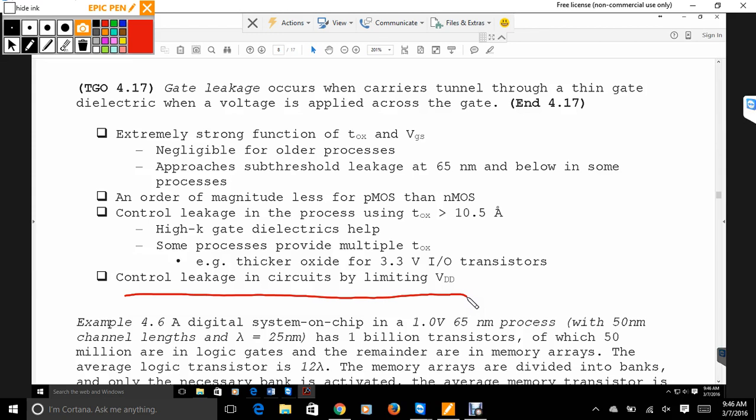If you have more switching, you're going to have more switches between whether or not you have an inversion region, which creates more opportunities for gate leakage. So if you limit the frequency and you limit the supply voltage, you can ultimately control this.